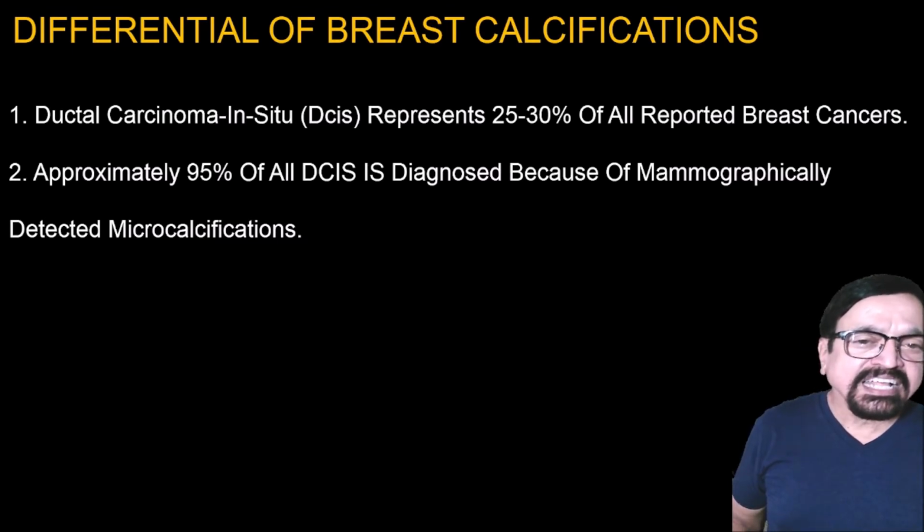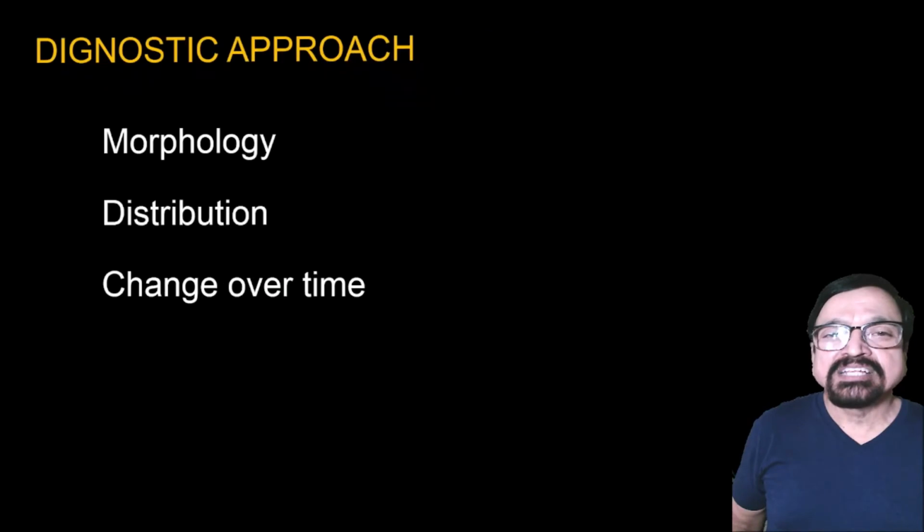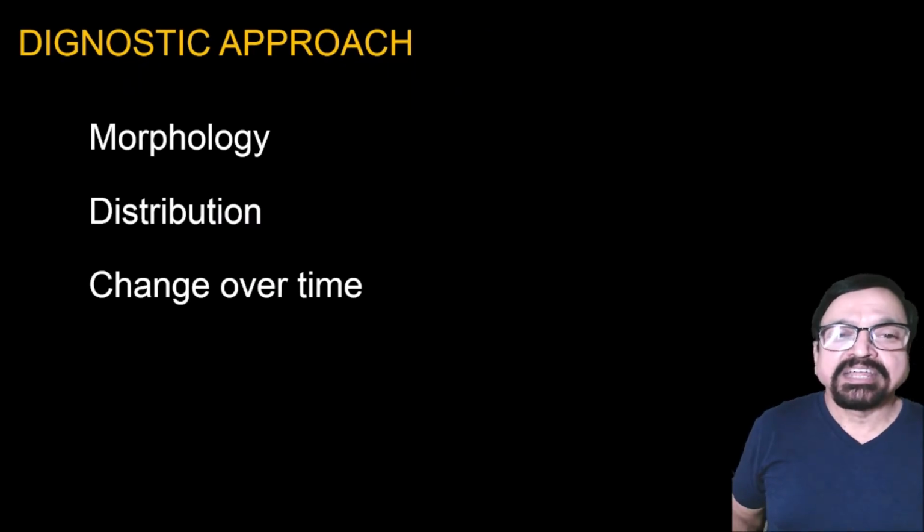The ductal carcinomas in situ represent 25 to 30% of all the reported breast cancers. Approximately 90% of them are diagnosed because of mammographically detectable microcalcification. Hence, there is a big role for the radiographers, the radiologists, and a team of them along with histopathologists who can prove that it is a malignancy.